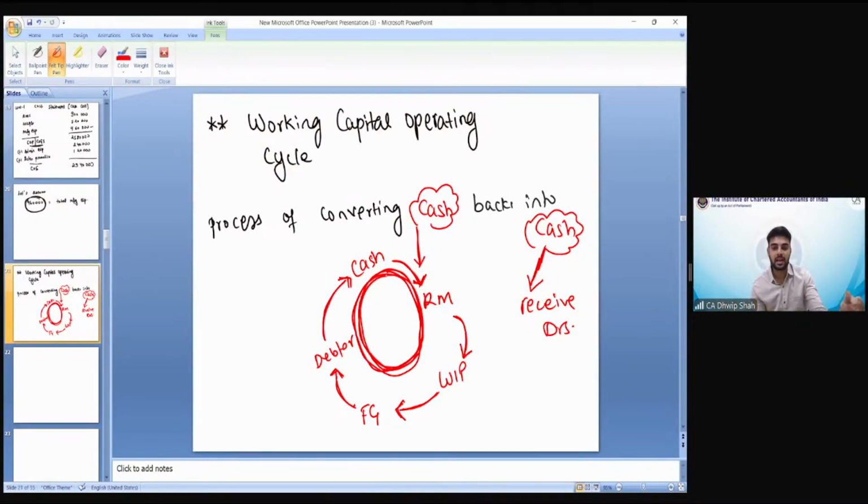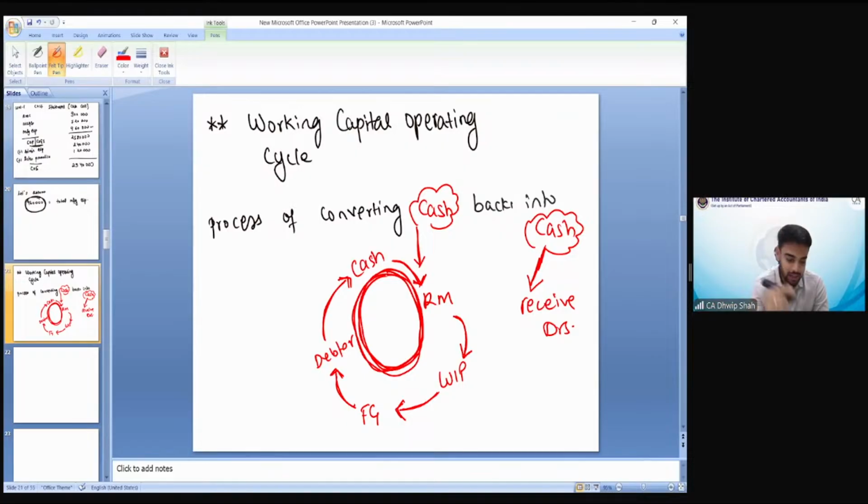आज एक जेब से पैसा गया है to buy raw materials. वापस वही पैसा, वापस that cash in the form of debtors कितने टाइम में आएगा? That period is called as duration of working capital cycle. Are you following? The process, see, working capital operating cycle means a process of converting back cash into cash. ठीक है.